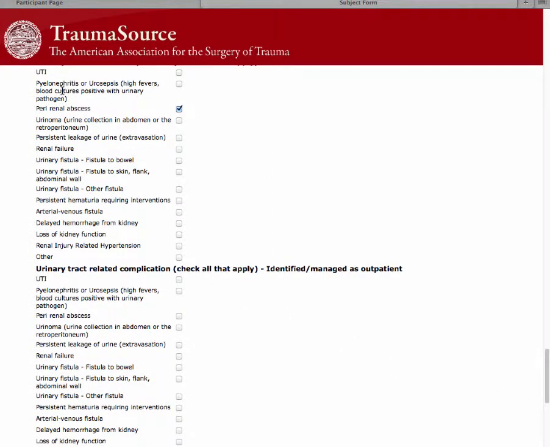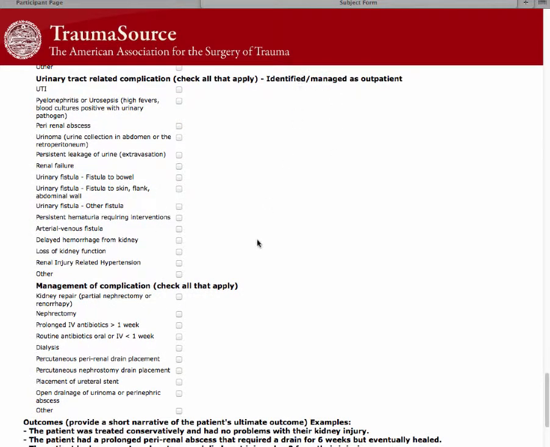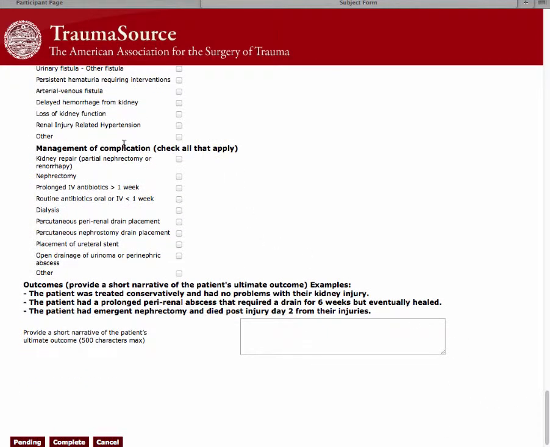And we'll say that there also were positive blood cultures and there is evidence of pyelonephritis. This is the outpatient ones. And we'll say the management of the complication in this case was prolonged IV antibiotics for greater than a week, and then also a percutaneous perirenal drain was placed. We could always fill in other.